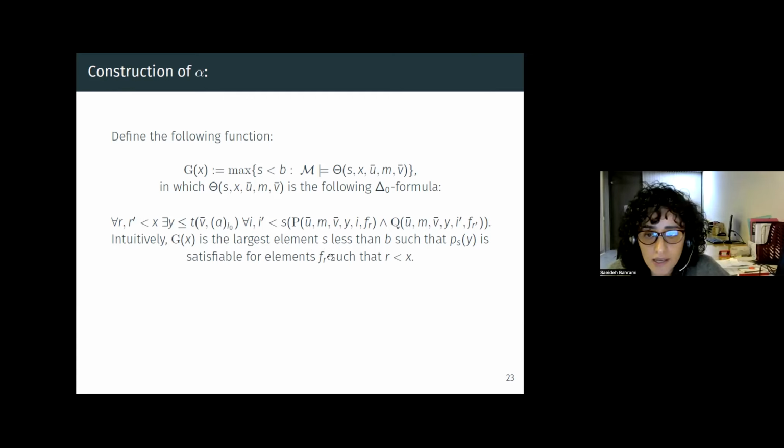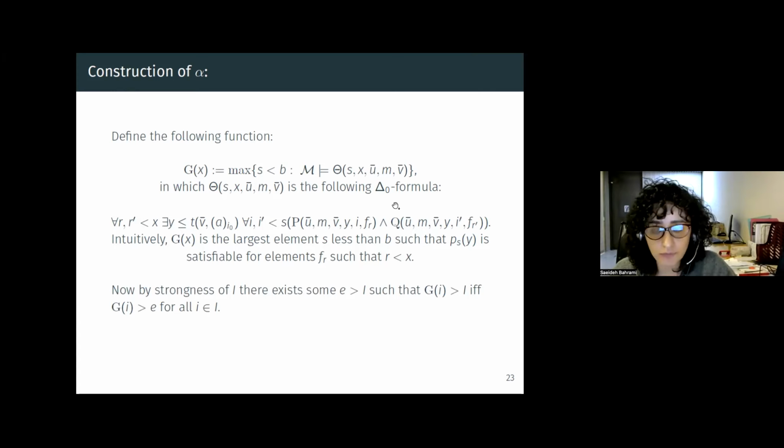The largest S such that P_S of y is satisfiable for all elements f_r, such that r is less than x. Because this is delta zero definable and I is strong, we can use the strongness of I and find some e such that this property holds.